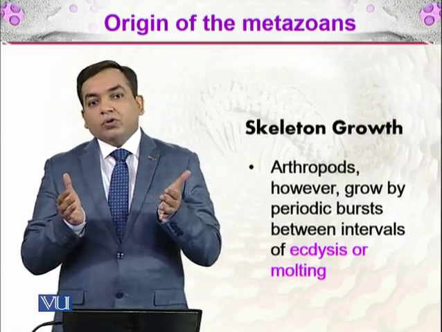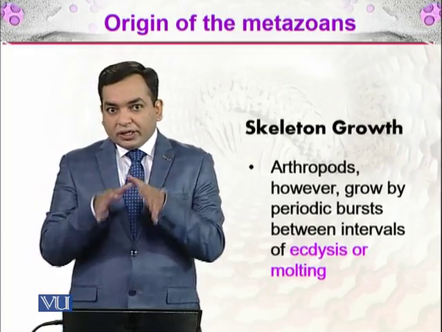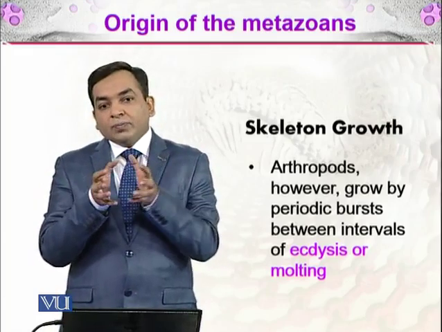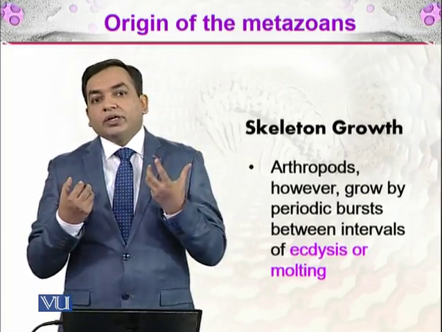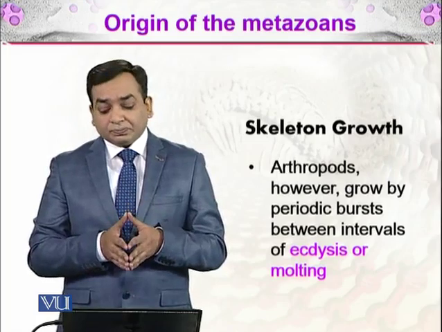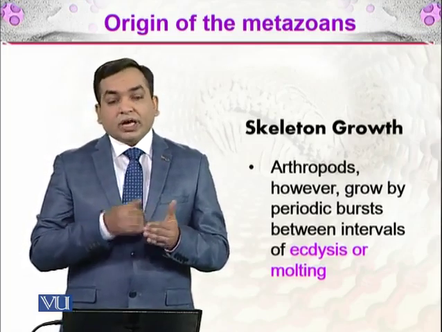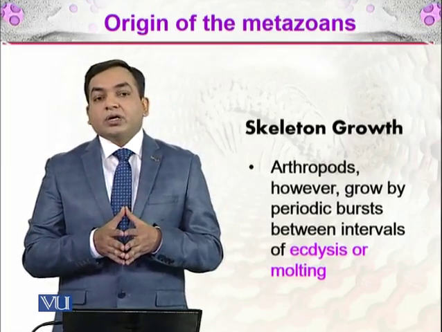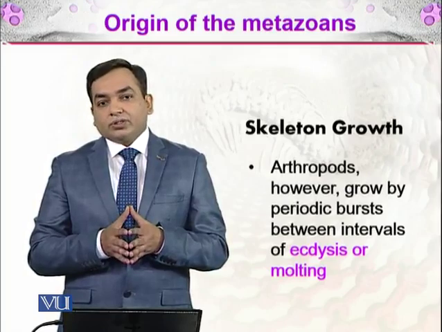When the organism grows, it makes some new skeleton inside the outer skeleton and then wiggles out of the old one, right? So it comes out of it, and that is called ecdysis or molting. So this was about the skeletal characteristics and how the metazoans originated in the earliest life forms.